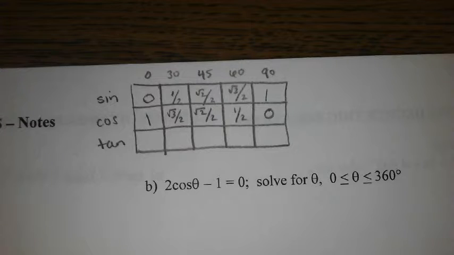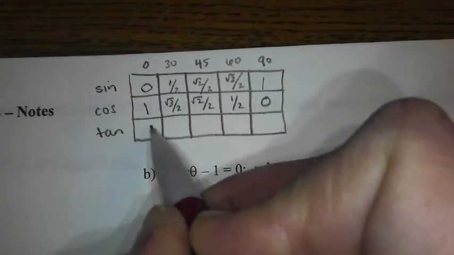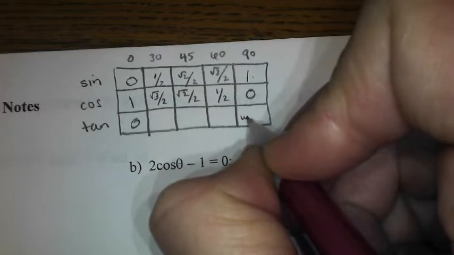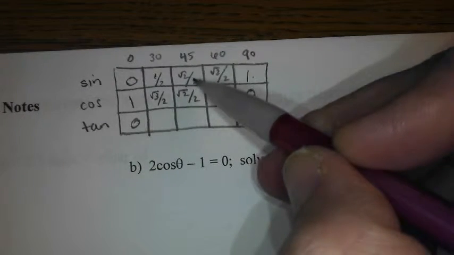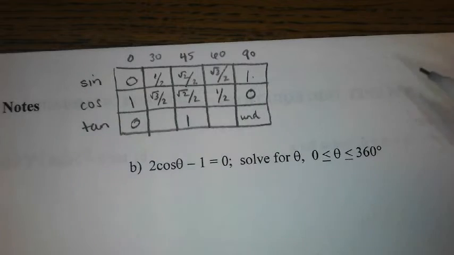Look at that. Sine divided by cosine. And some of those are easier. Sine divided by cosine, 0 divided by 1 is 0. 1 divided by 0 is undefined. 45 is easy, even though the numbers look tougher, it's a number divided by itself. So anything divided by itself is 1.